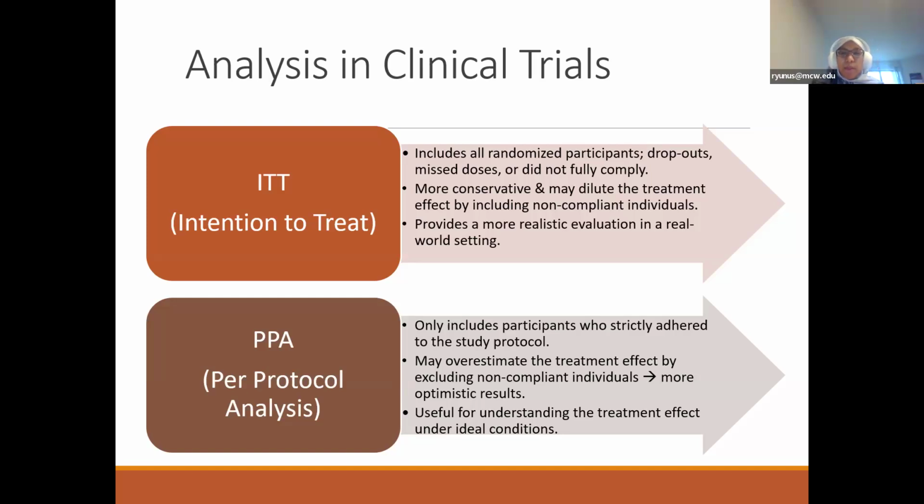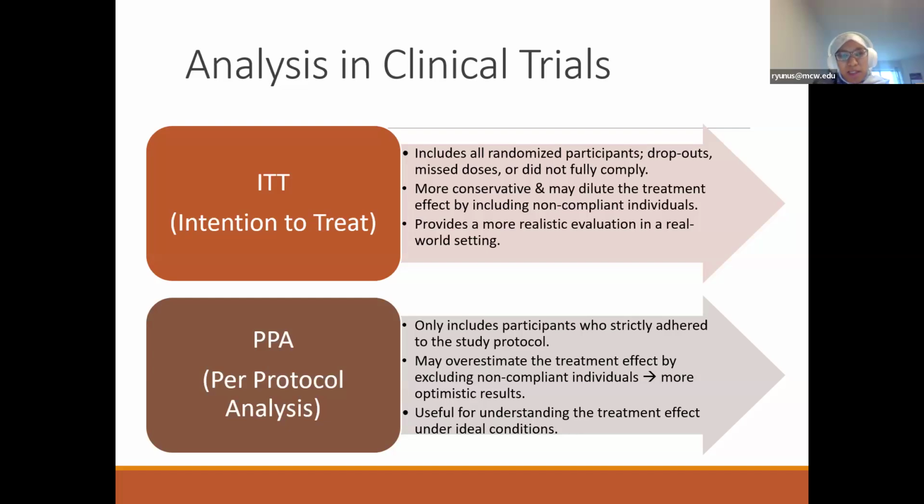You include everybody. You do not take only those who actually complete the study or adhere to the study protocol. You don't care. We just include everyone. This is a more conservative approach, okay? And the limitation is that you may dilute the treatment effect, right? Because you're including everyone. And you know that in a study, not everybody complies to the treatment or the protocol.